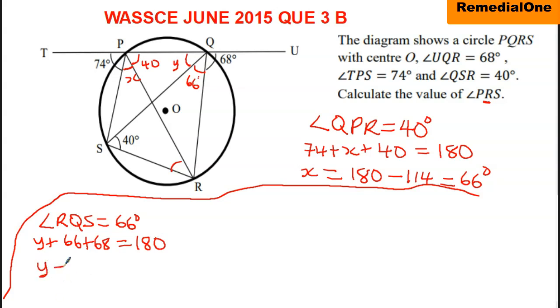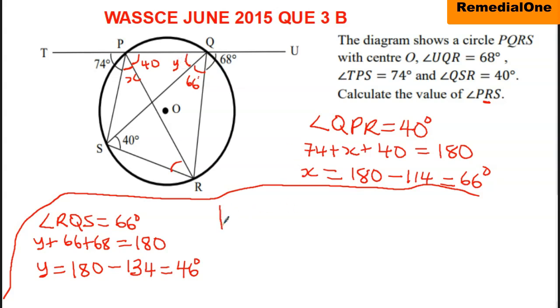So y is equal to 180 minus, when you put 66 and 68 together, you have 134, giving us 46 degrees. So this angle is 46 degrees.